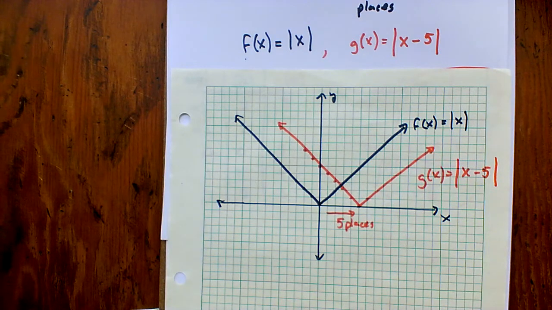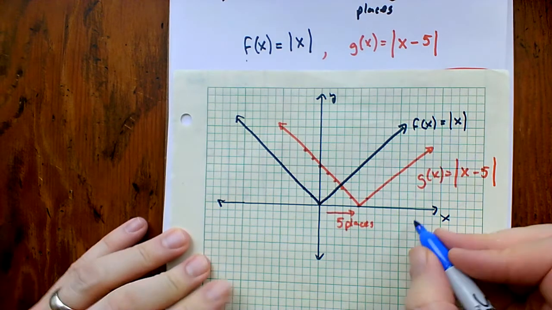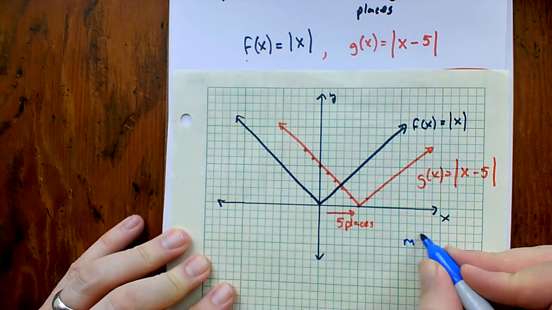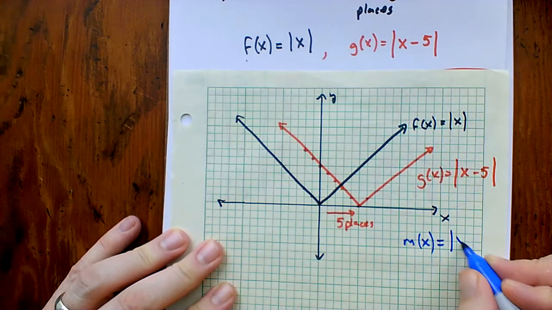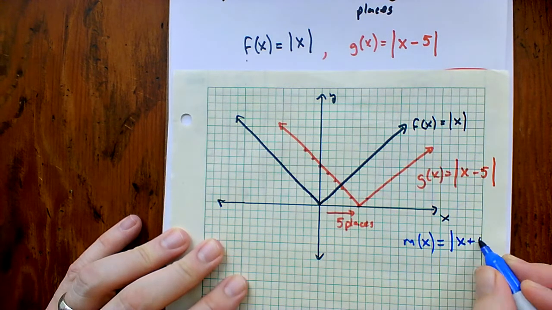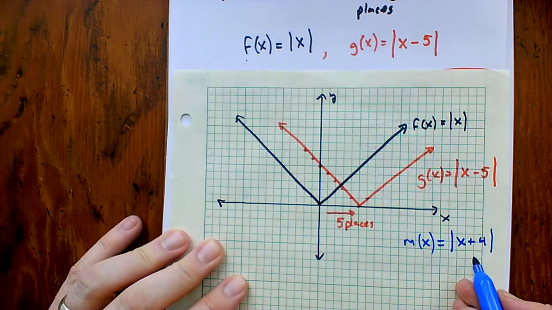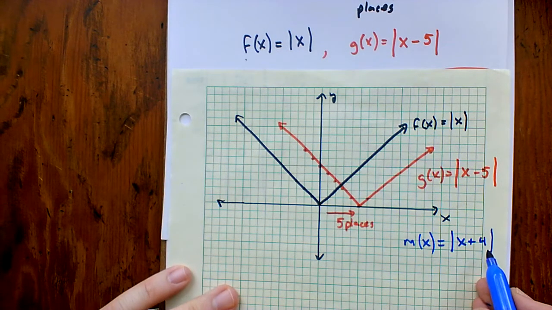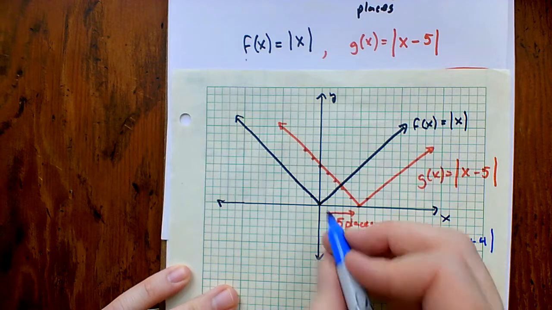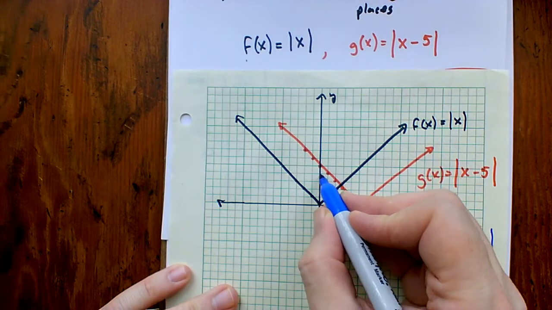And pretty similarly, if I wanted to, I could take anything. Let's take an m of x, and say, well, let's do the absolute value of x plus 4. Here, if I were to plug in a 0, this would be the absolute value of 4.